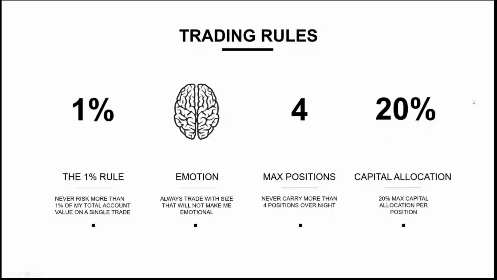I allocate 20% capital per trade, and that's usually the max. Sometimes I'll really size up on that, but it totally depends on the trade. And the names that I size up on are usually names like Amazon or Google, something that you don't really have to worry about overnight.